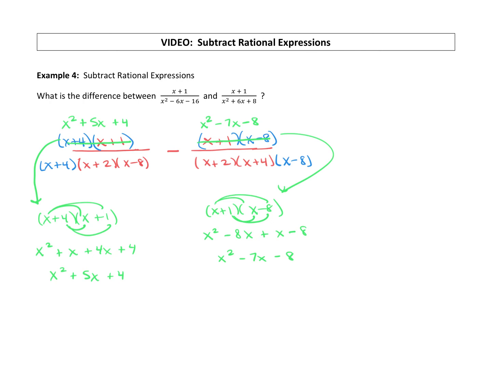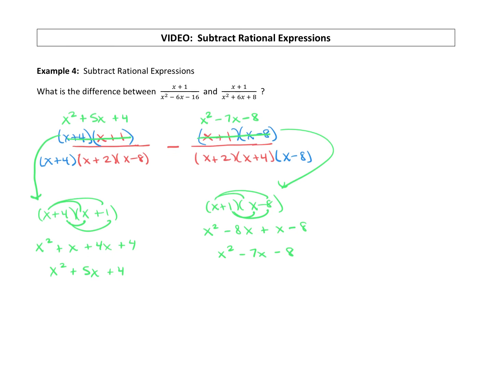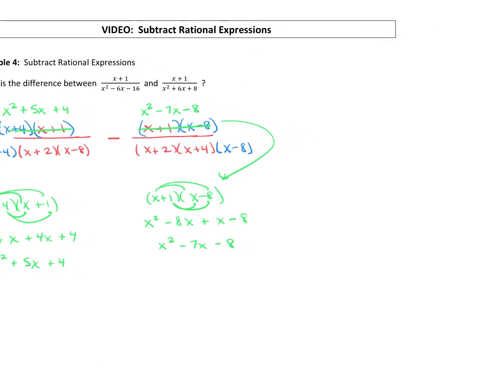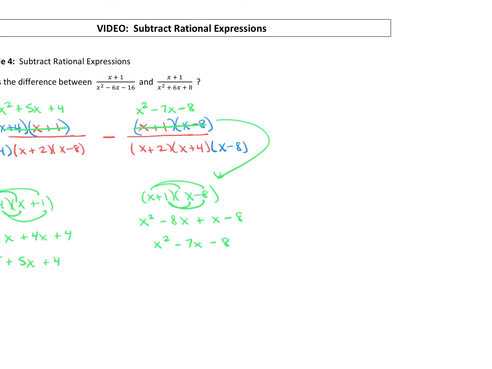All right, so now we're going to do our subtraction. We know our common denominator is going to stay the same. That's going to be x plus 2 times x plus 4 times x minus 8.